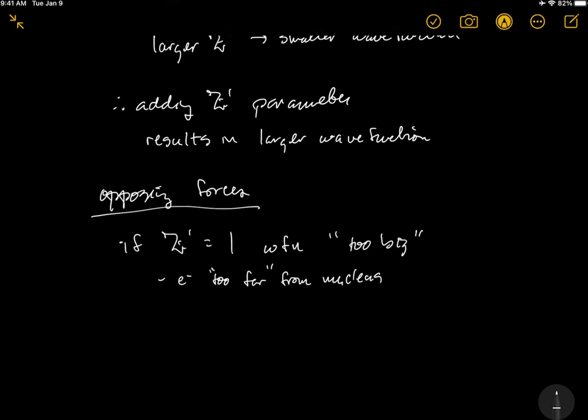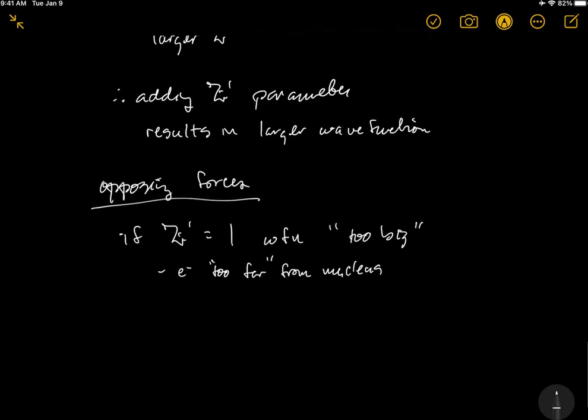And so on average, the electron is not going to experience the full electrostatic attraction with the nucleus. It's going to be, on average, too far from the nucleus.